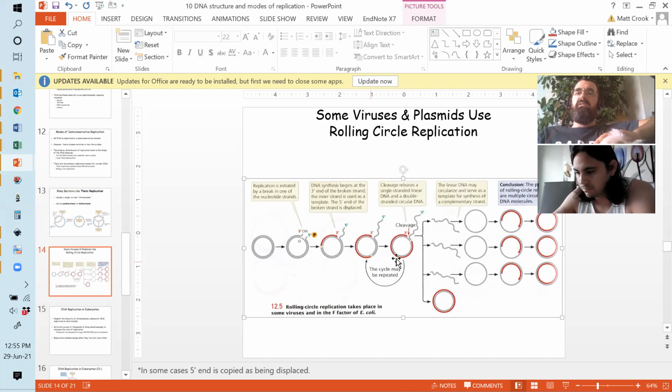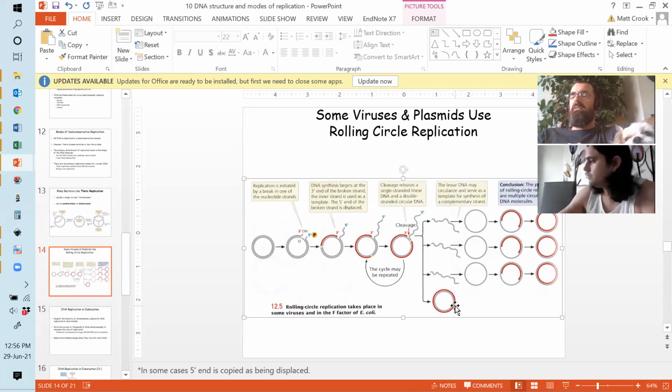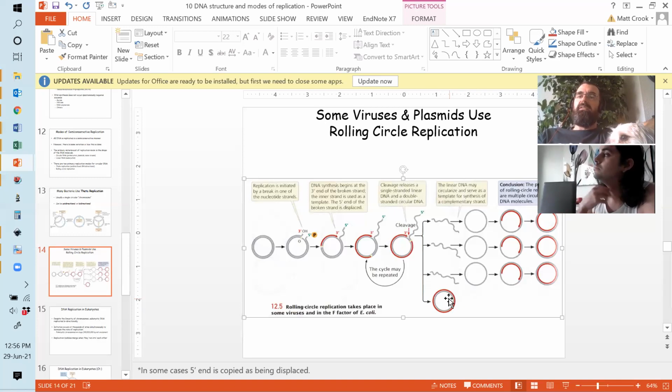If this cycle is not repeated, you just peel off the outside strand, copy that, and seal it back together. You'll have the newly synthesized strand on the outside and the original one on the inside.